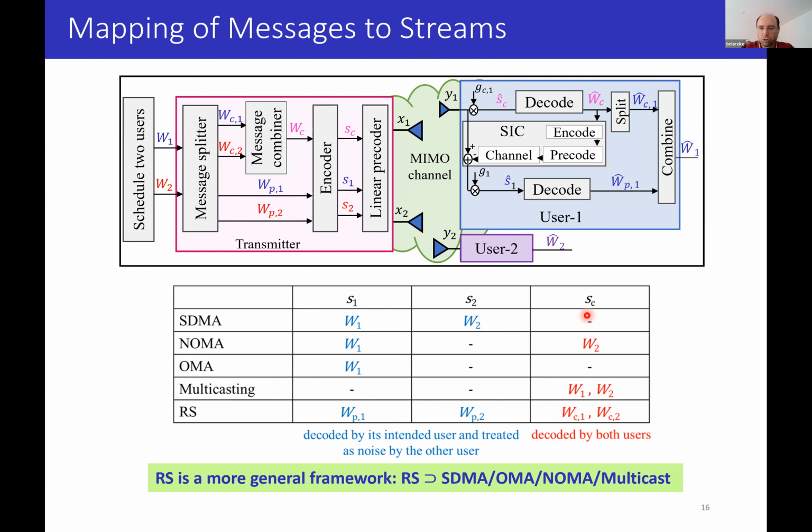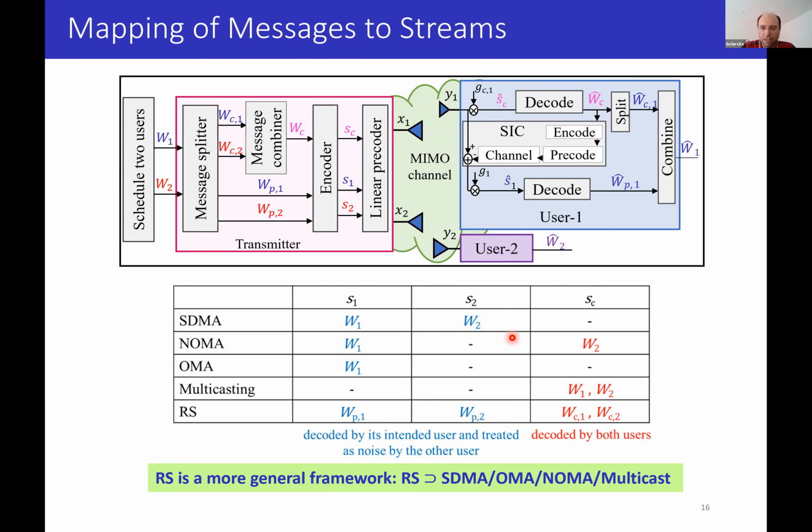Now, the difference between those three streams is the following. Anything in blue is treated as noise. So whenever you have interference between those two streams, you treat interference as noise. Whatever falls into SC is decoded by both users. We see from this that by adjusting the content of the private streams and the common stream, we can boil down to SDMA, or NOMA, or OMA, or any other form.